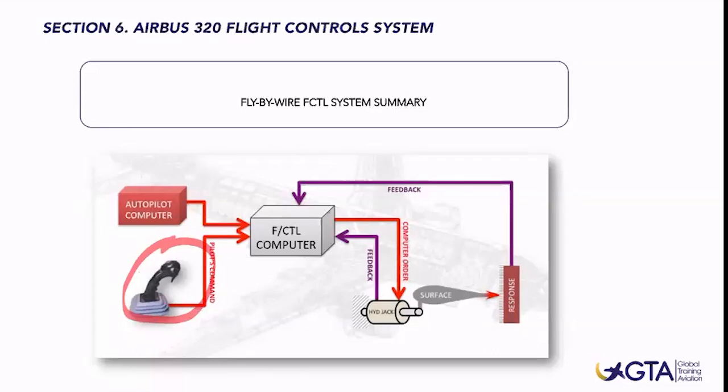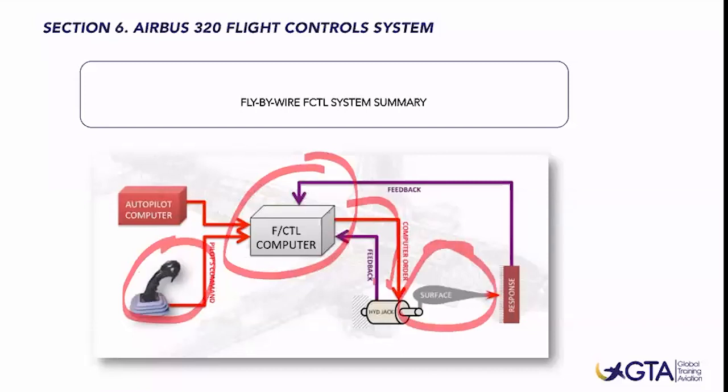This side stick input will travel to the 7 flight control computers. Those computers will evaluate if this pilot input is within the safe flight envelope, and then this input will travel to the servo jacks, hydraulic actuators, and will deploy the surfaces just to keep the airplane within the safe flight envelope.